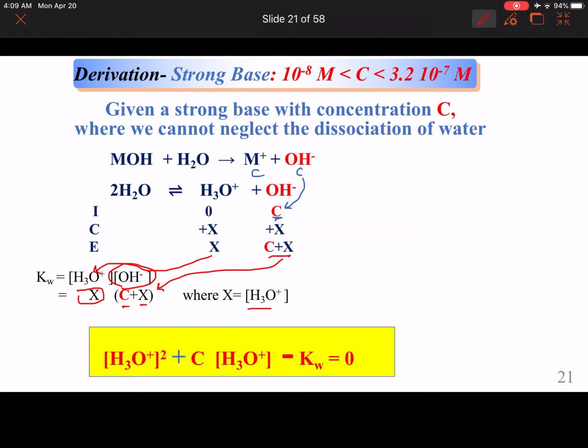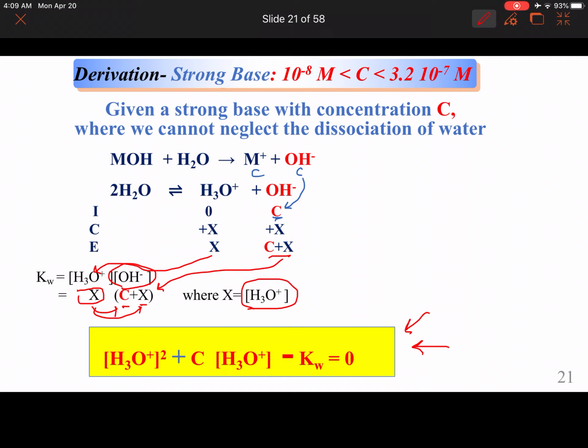And this time X is H3O plus, and therefore I am done. Factor the X in the inside and put H3O plus instead of X, and you get the quadratic for a base. Guess what? It's very similar to the quadratic for the acid.